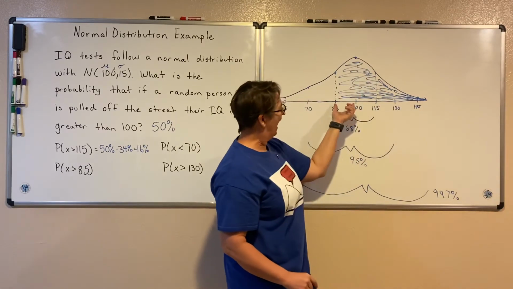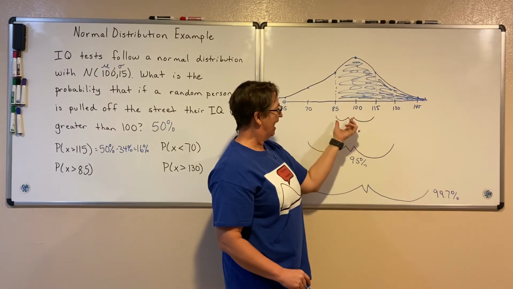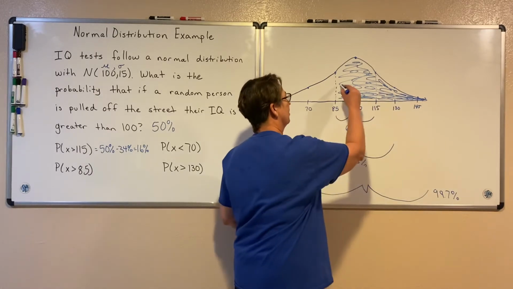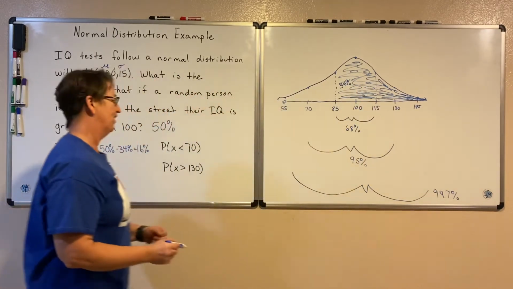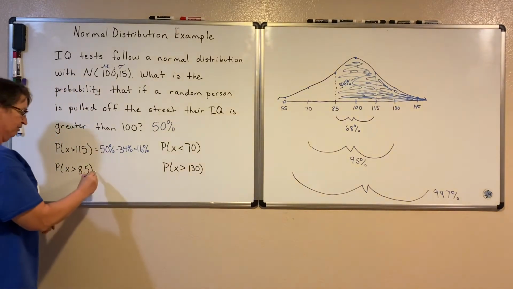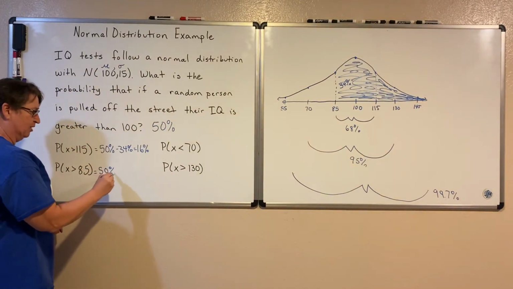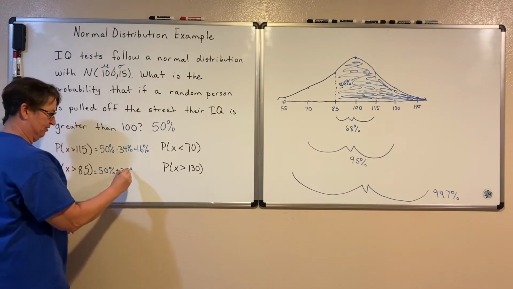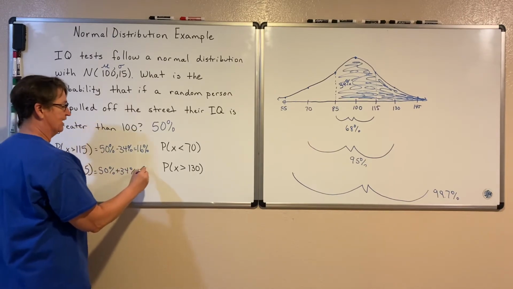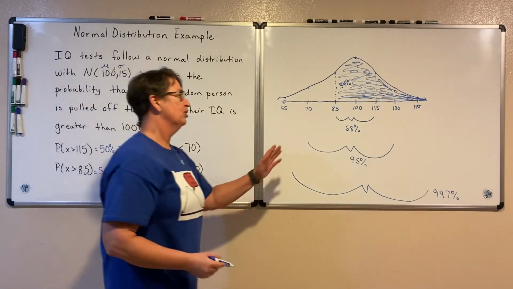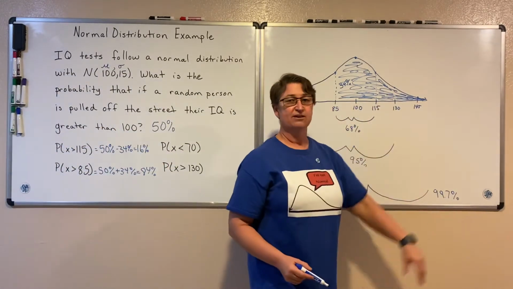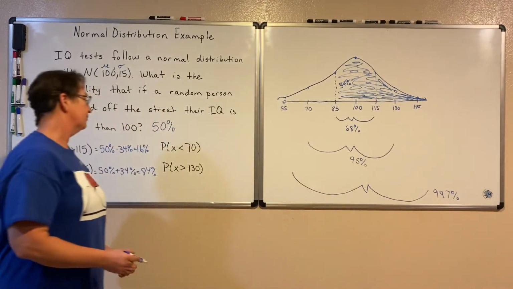And what I've added to that is half of this 68. So I've added to it this other 34%, half of that 68. So here I've got 50% plus 34%, which gives me 84%. So the probability I get someone with an IQ greater than 85 is 84%.